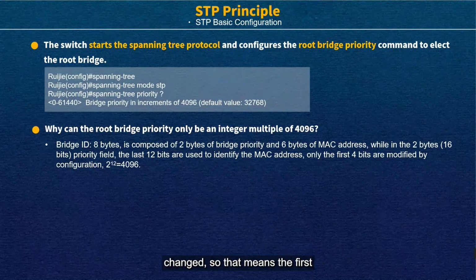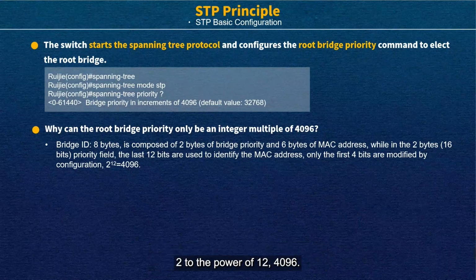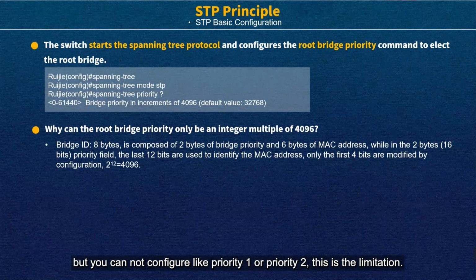So only the first 4 bits can be modified by configuration, which gives 2 to the power of 12, 4096. This is why you can set the priority to multiples of 4096, but you cannot configure priority 1 or priority 2. This is a limitation.